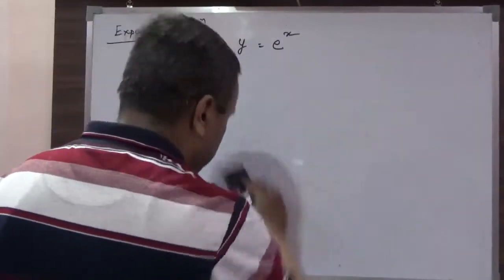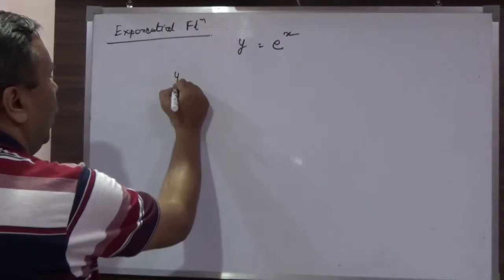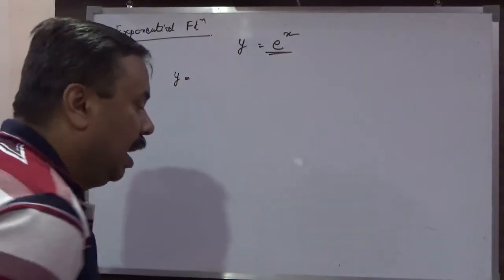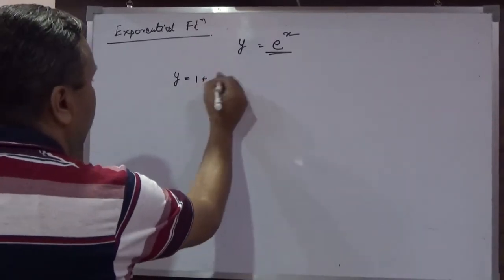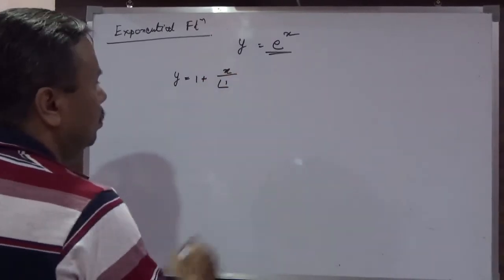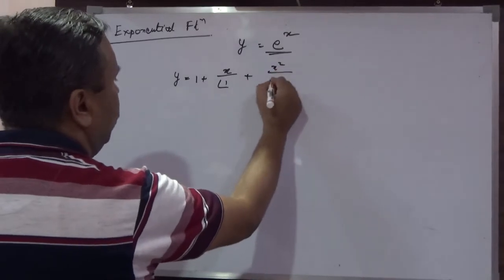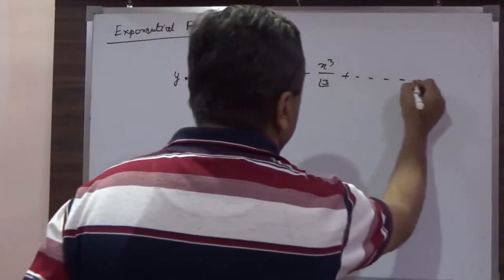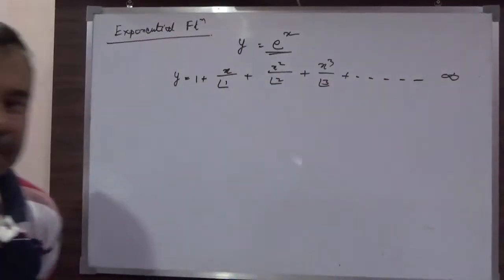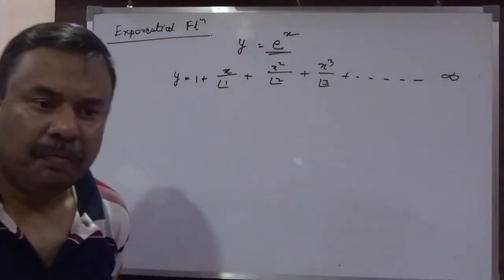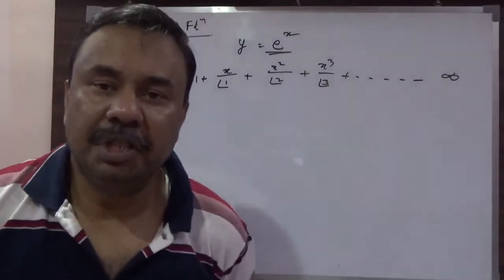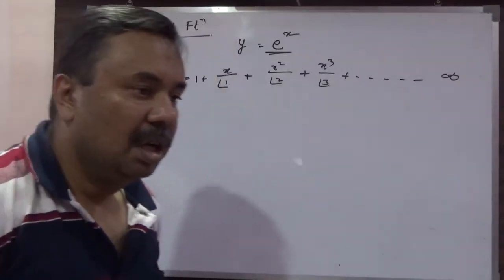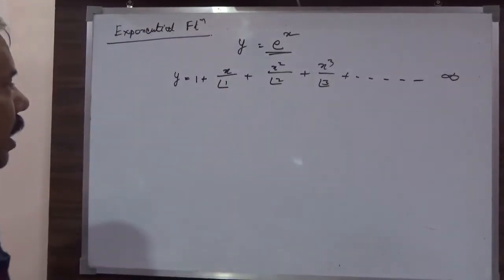So I will write y and expand it, and this expansion is 1 plus x by factorial 1 plus x square by factorial 2 plus x cube by factorial 3 up to infinity. Just remember this from the sequences and series chapter that you have studied in your previous class. Okay, so this is your expansion.